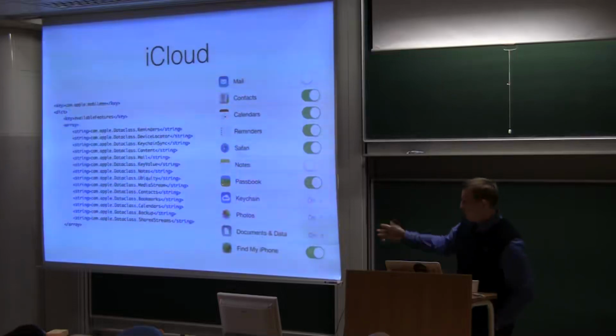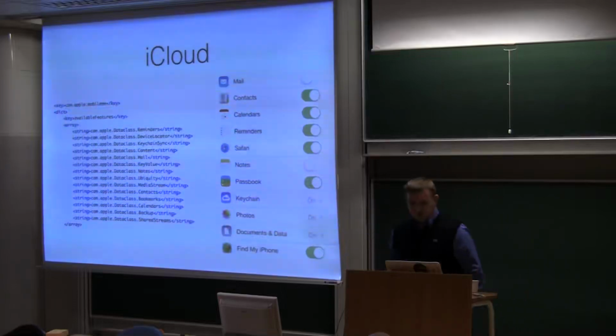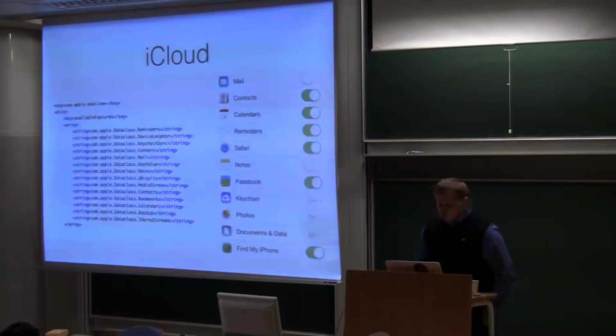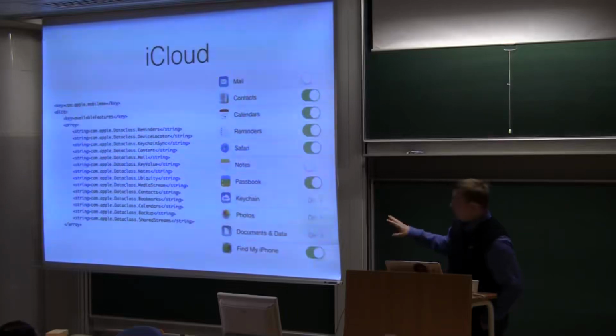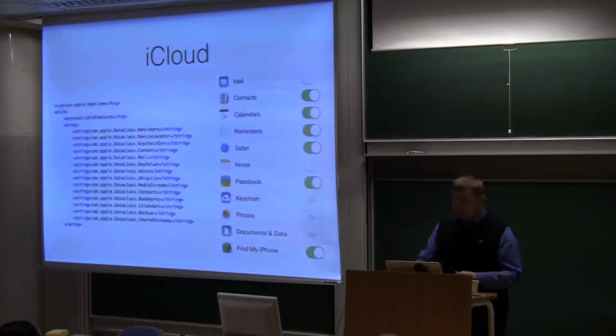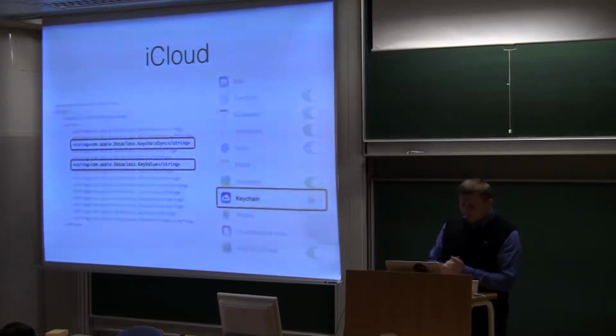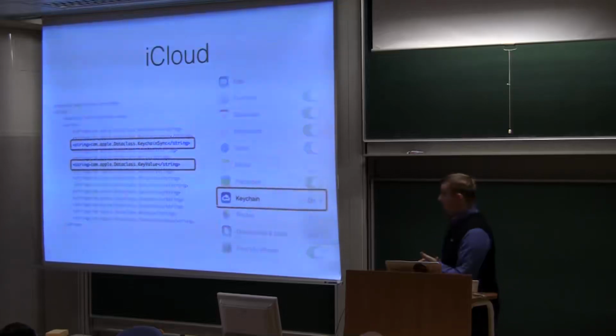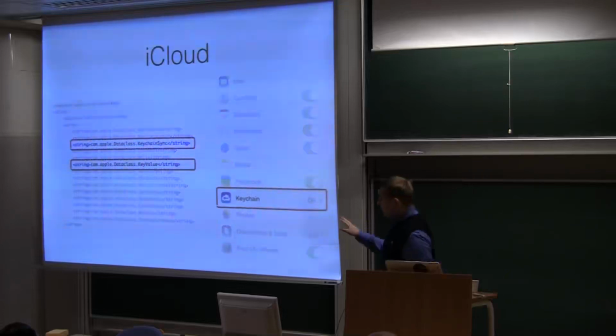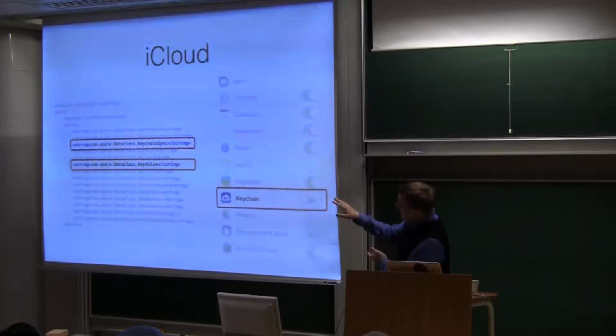So Apple has the technical ability to restrict the set of services for a particular account, but that's not the point. The point of this slide is that there are many services that go by the name of iCloud. And today we will look only at two of them that are used by iCloud Keychain. Those are Keychain Sync and Key Value.